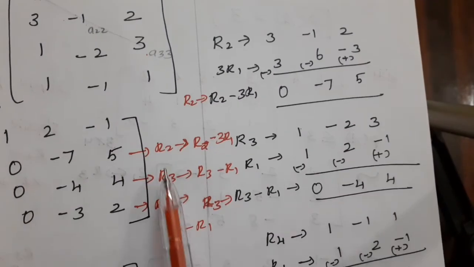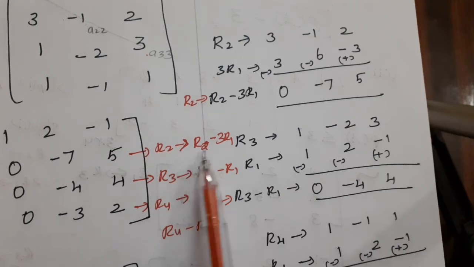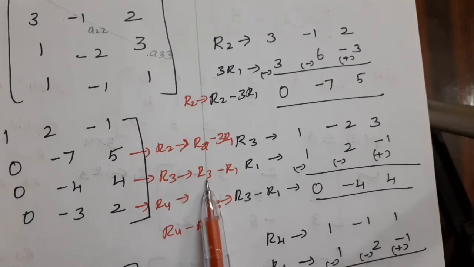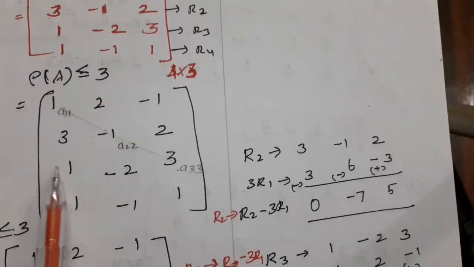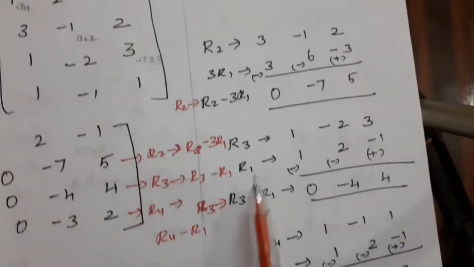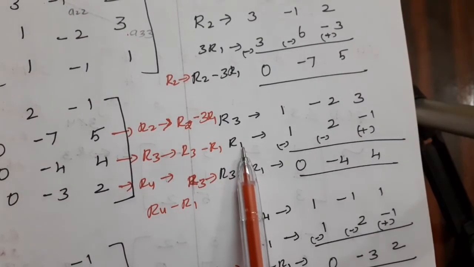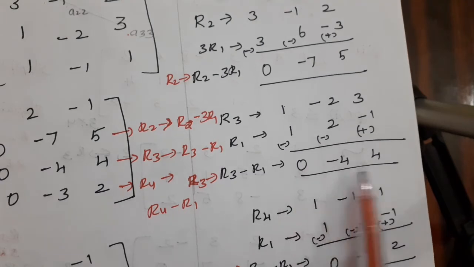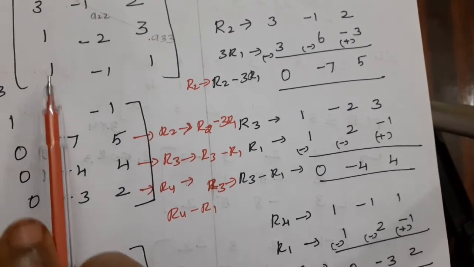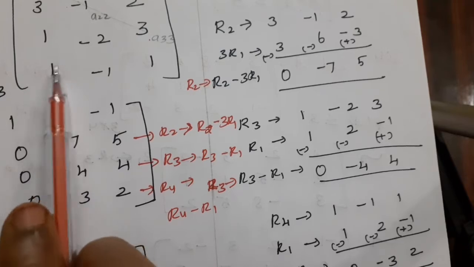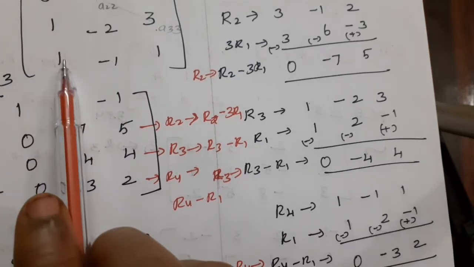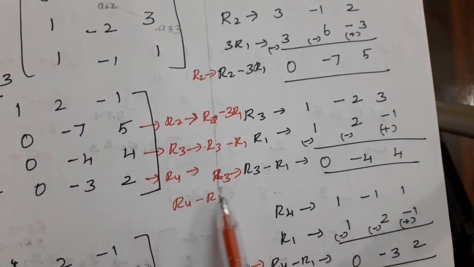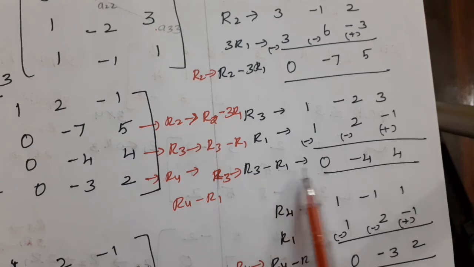Next, R2 gives R2 minus 3R1. R3 gives R3 minus R1 directly. R3 minus R1, 1 minus 1 becomes 0. See the calculation: 0 minus 4, 4. Again we want this element below the main diagonal to become 0.